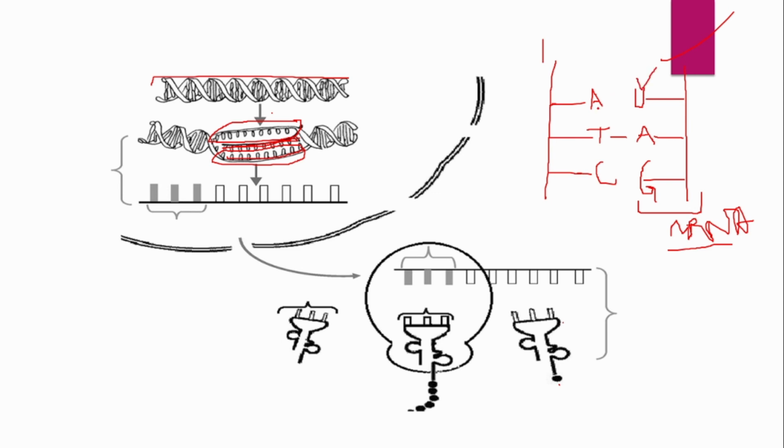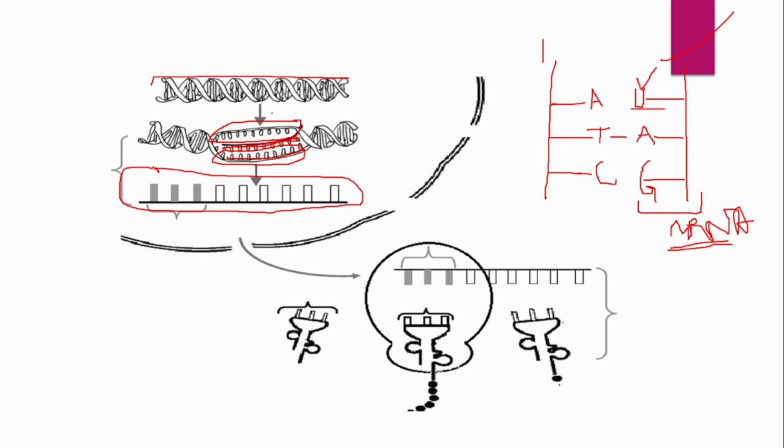If we were forming another DNA, as in replication, it would be thymine here. From this we get our messenger RNA.